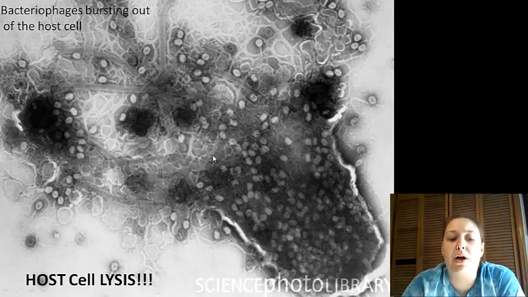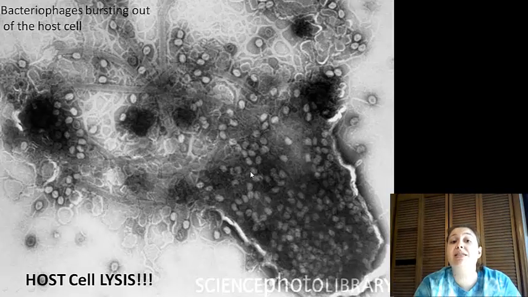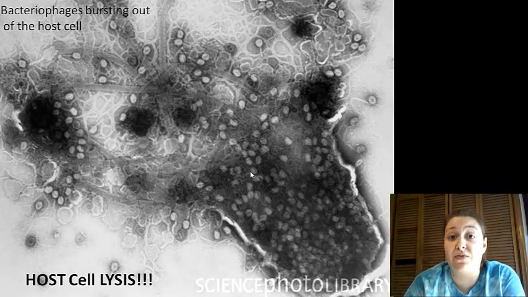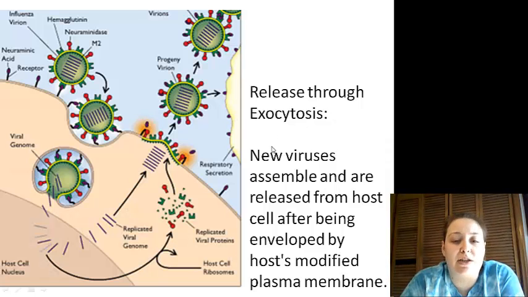Here's an example of the host cell lysing, releasing all these bacteriophages. This actually was a bacteria, and you can see all of the heads of the viruses here. And as it bursts, it releases all the bacteriophages to go out and find a new host cell. Here's release by exocytosis.